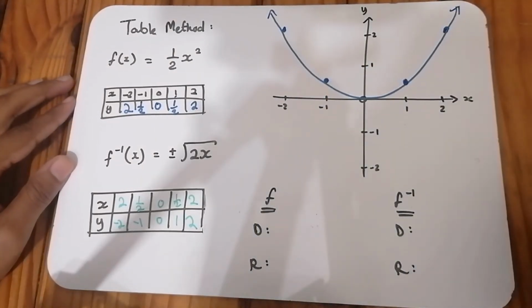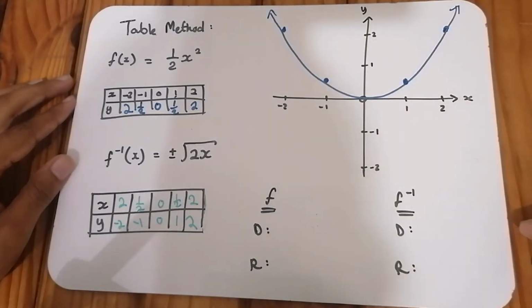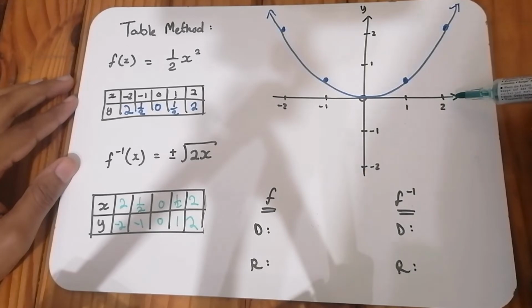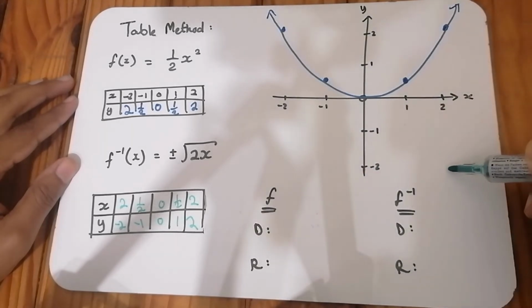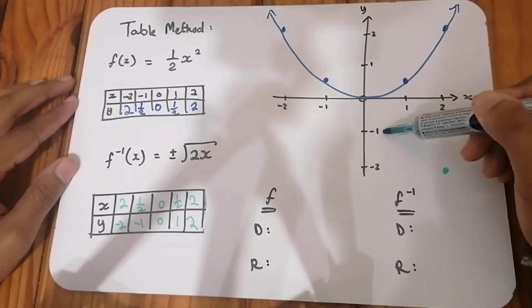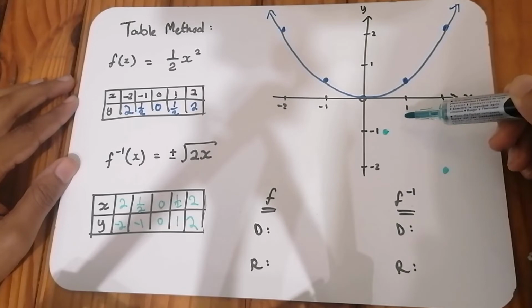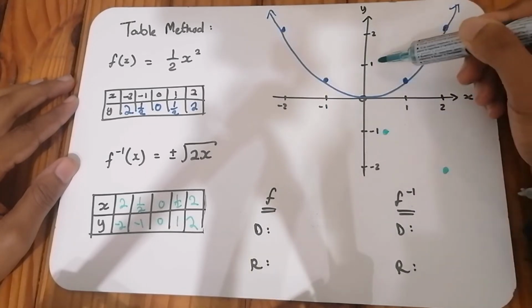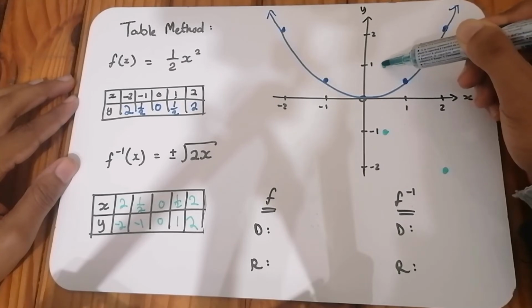Okay, so let me plot them on my Cartesian plane. 2 and -2. So where x is 2 and where y is -2. That should be over here. Where x is a half, y is -1. It's a bit weird plotting like this because it's the inverse now. And then when x is a half, y is 1 again.